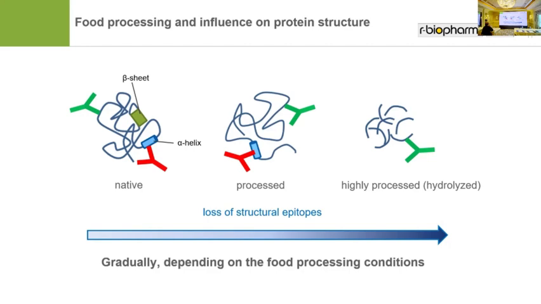Perhaps, as in this example here, it may react with native and processed, heat-processed proteins. However, this antibody which detects or reacts with the beta sheet is not able to react and therefore to determine this protein here in a heat-processed food. This is just an example to explain what is going on with food.